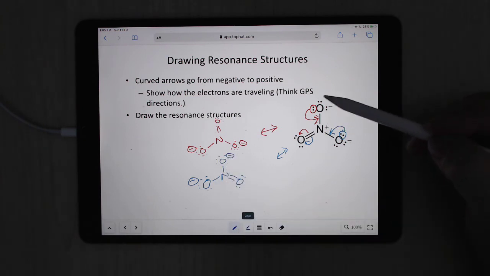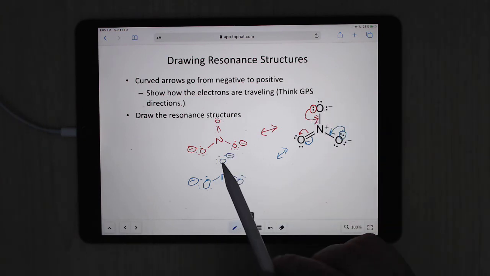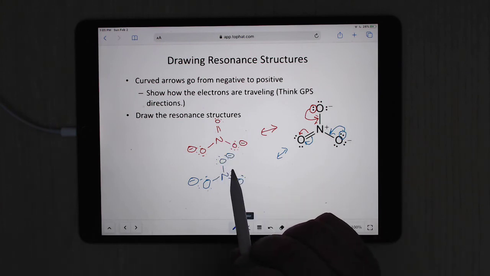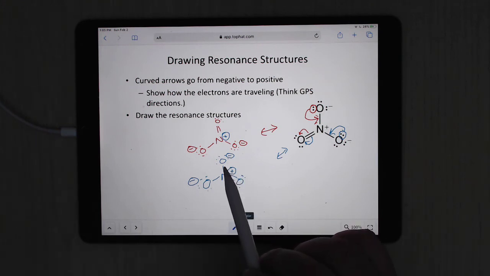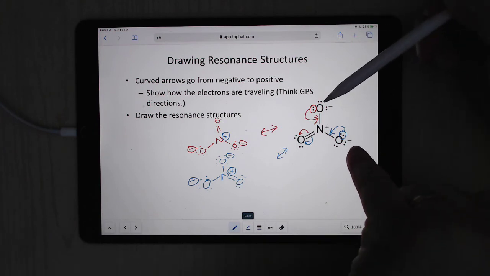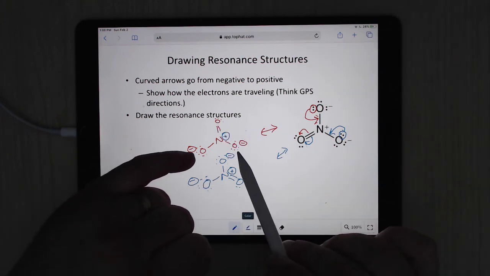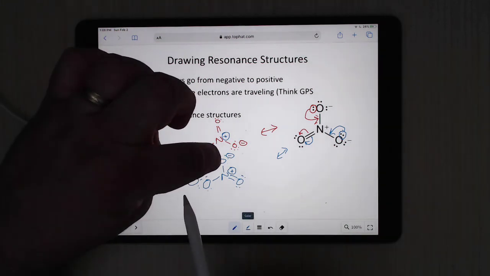We haven't done anything to this oxygen in the blue structure, so it just stays put. Oh, sorry. Forgot to put the positive charge there. Okay, and so now this is another completely valid resonance structure. And so what we've done is said, okay, the negative charges are here. Are they over here, at the bottom, or to the left?